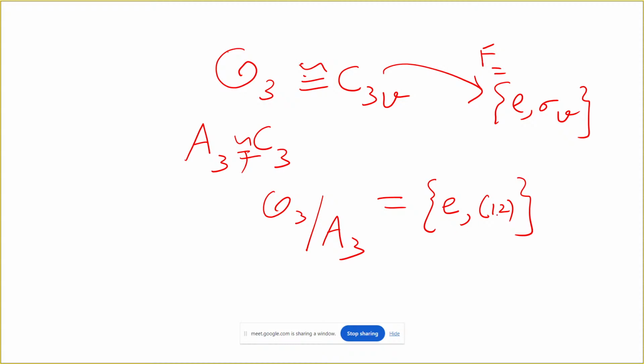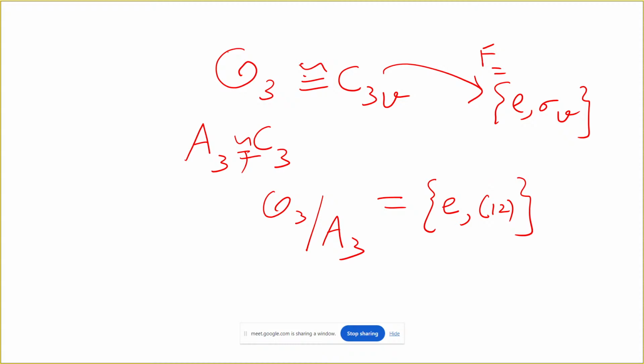Interestingly, if you do a factor group with E and 1-2, that also turns out to be a group, which is not the case in general. In general, the factoring should be done only by an invariant subgroup. If you do it by another subgroup, you may not get that factor to be a group.